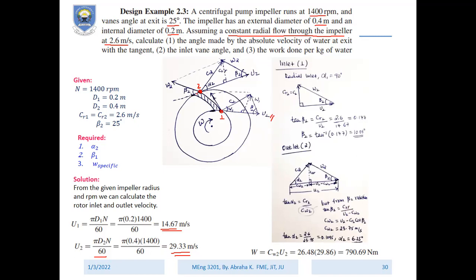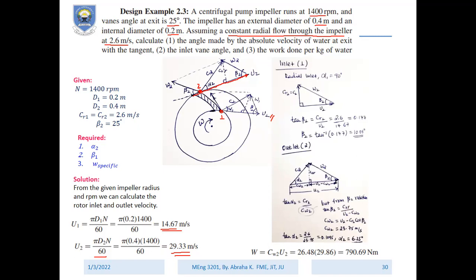And for point 2, we have this tangential, which is the rotor tip velocity at that point. So when we draw U, it has to be tangential to the circles at that point.